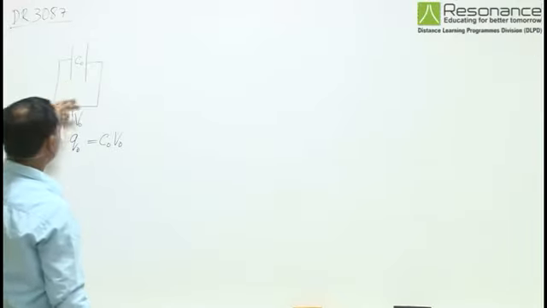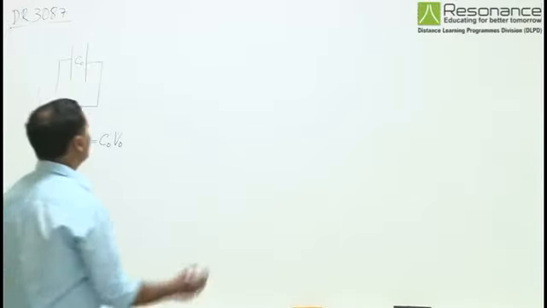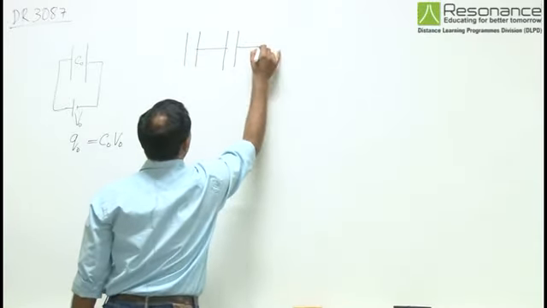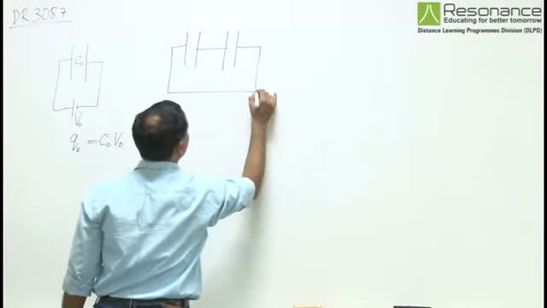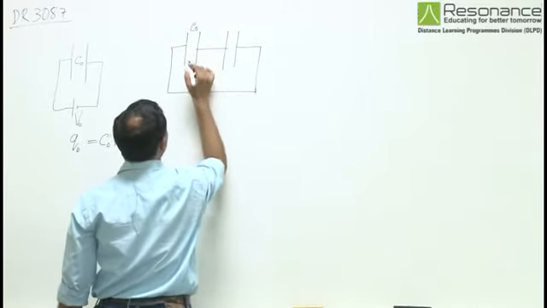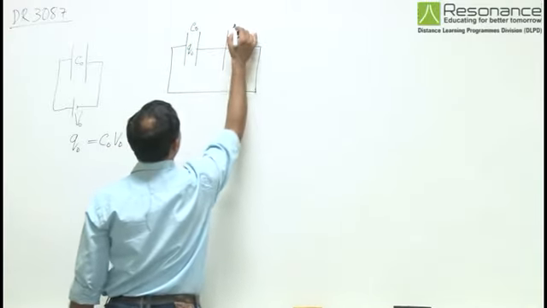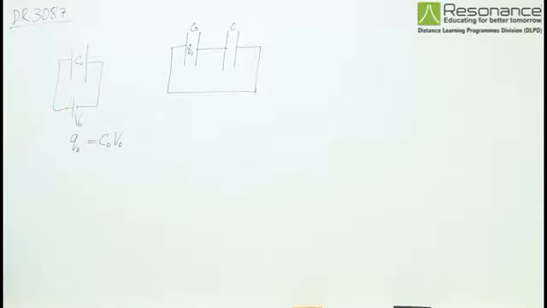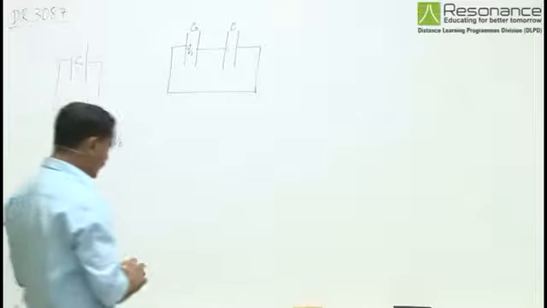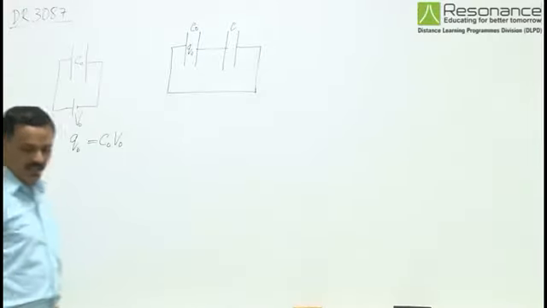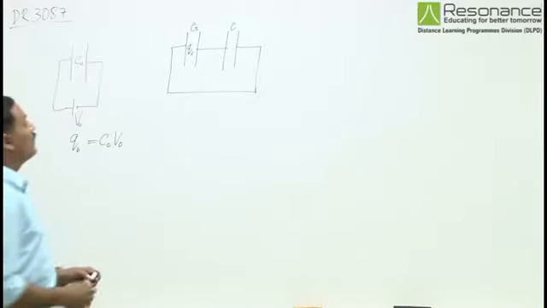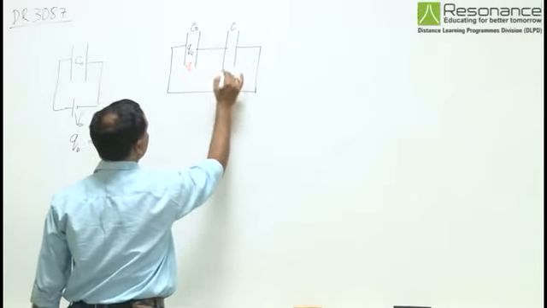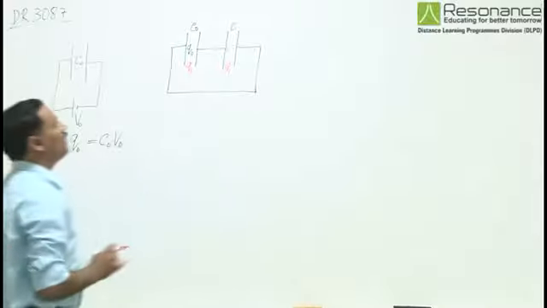Now this capacitor is removed from the battery and connected with another capacitor of capacitance C. So the C naught having initial charge Q naught is connected with another capacitor of capacitance C. There will be a distribution of charge among these two capacitors, and let us assume that the charge stored on the capacitor is Q1.